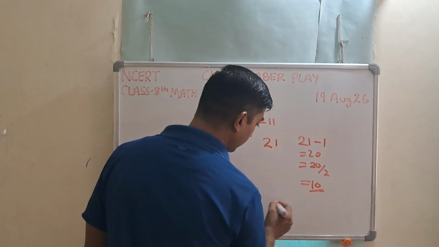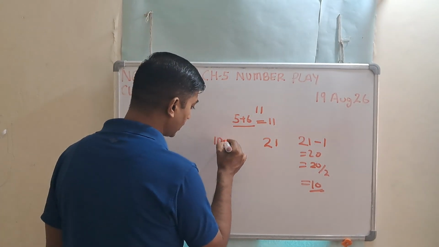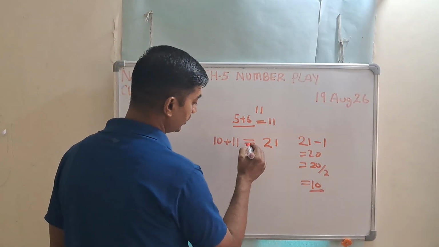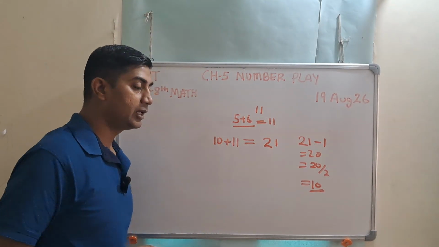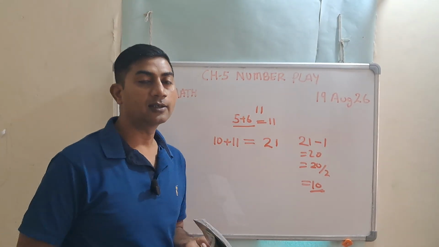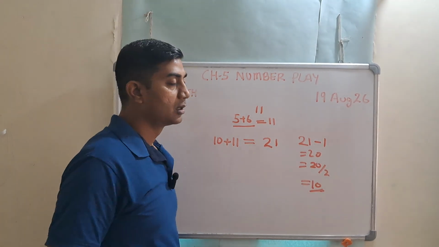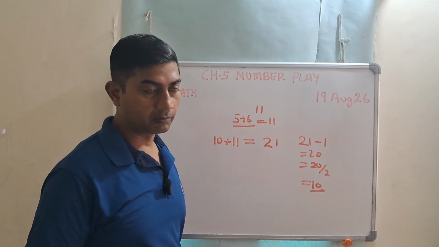So one number is 10 and the other number is 11, and you will get the result 21. In this way you can see that all odd numbers can be represented as a sum of consecutive numbers.